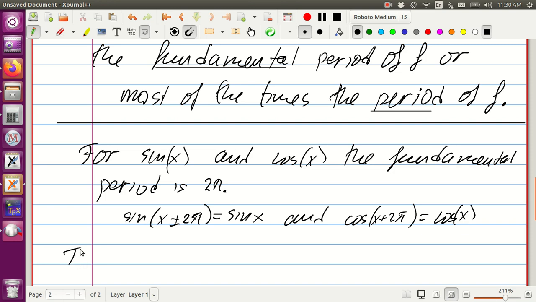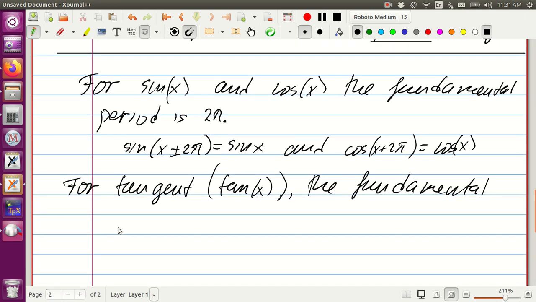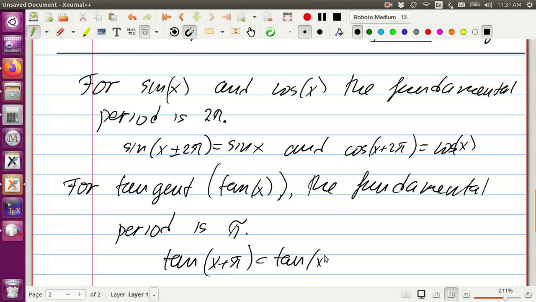For tangent, the fundamental period is pi. So tangent of x plus pi is equal to the tangent of x.